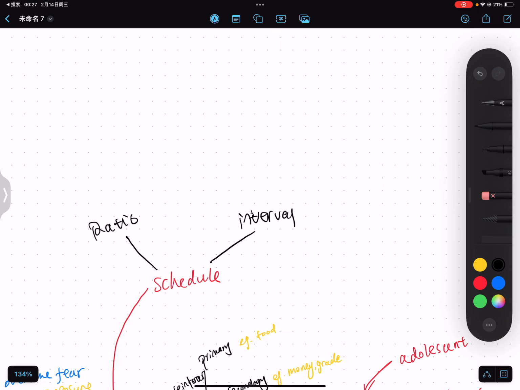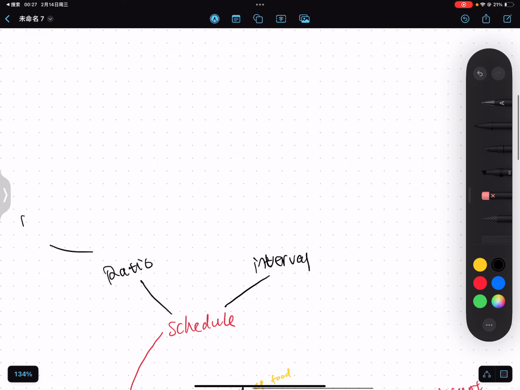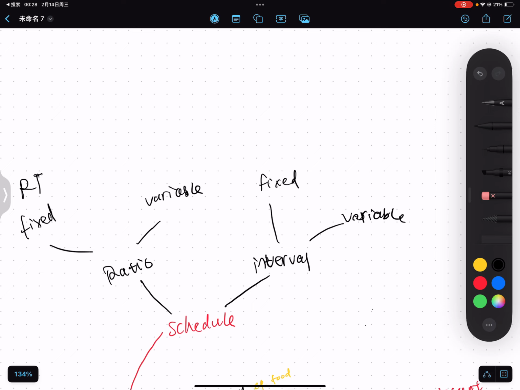And then the two will each be divided into fixed and variable. I will use FR and VR, FI and VI to represent them.